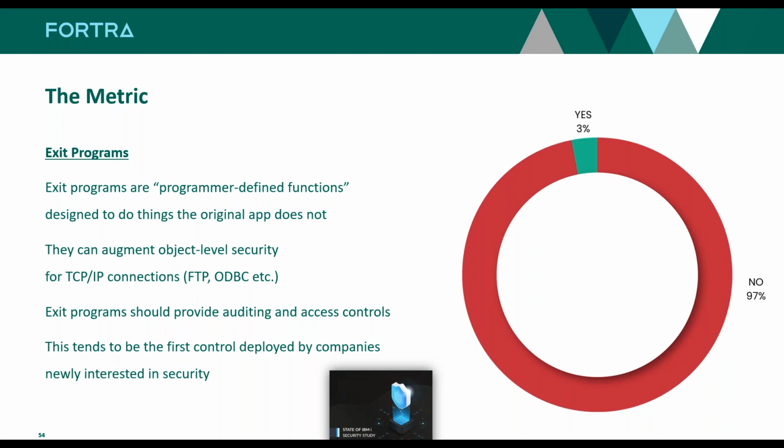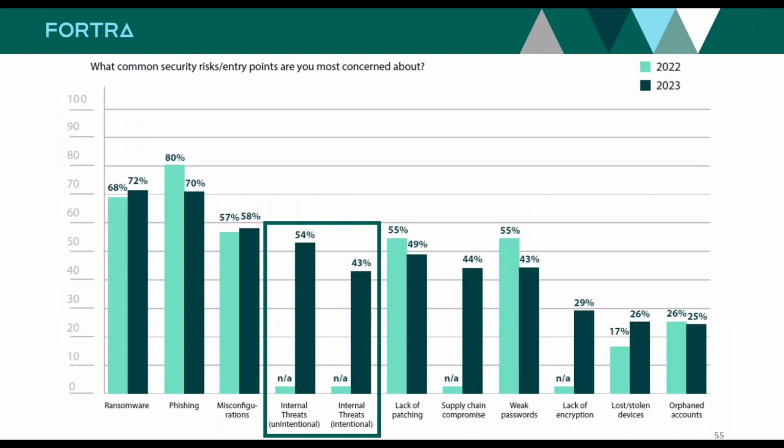And when we talk about pen testing and the different types of pen testing, year over year, the biggest growth was in internal threats, both unintentional and intentional. This means that people are starting to realize that the threats aren't all coming from outside the firewall. Your firewall is not the end-all, be-all to protect your systems.